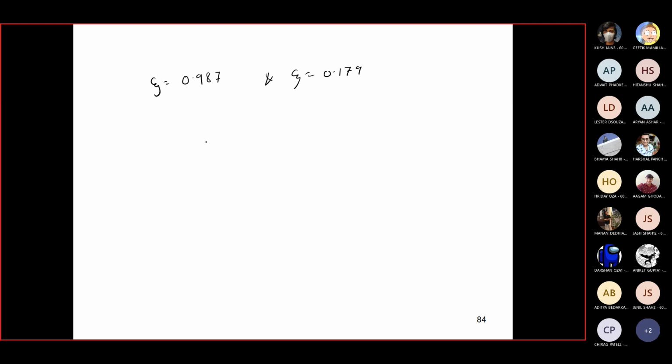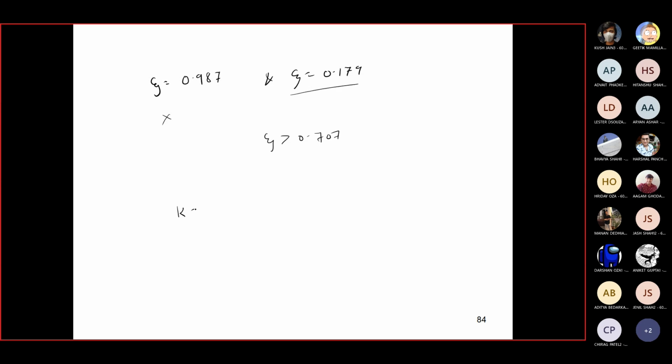Yes, anybody? So we'll take the value which is greater than 0.707, right? Because that's where we get the peak. So we take this value and this value is neglected.